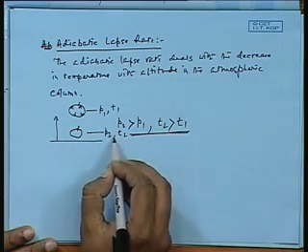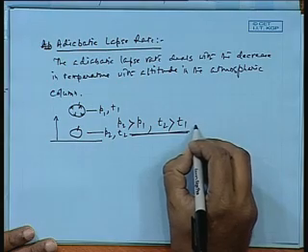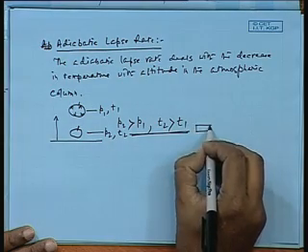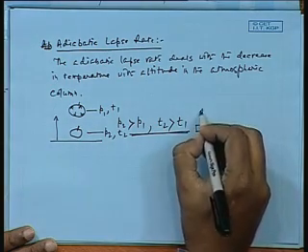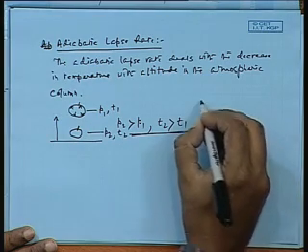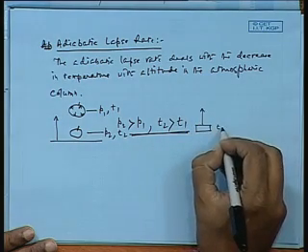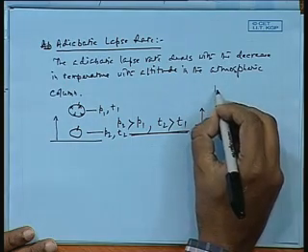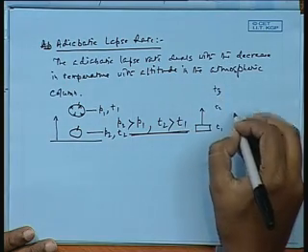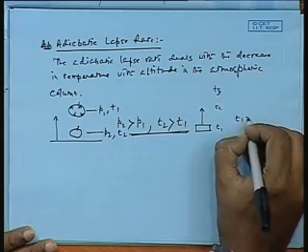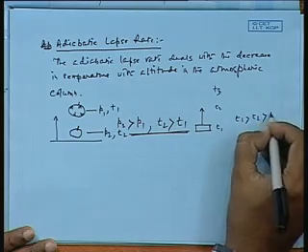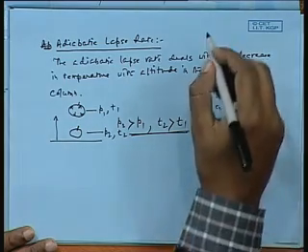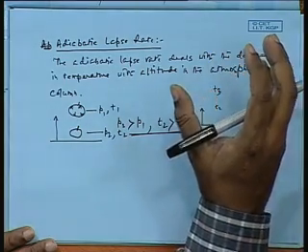What we can observe here is, if you just observe a column of air, with altitude we can see T1, T2, T3, the temperature actually changing.